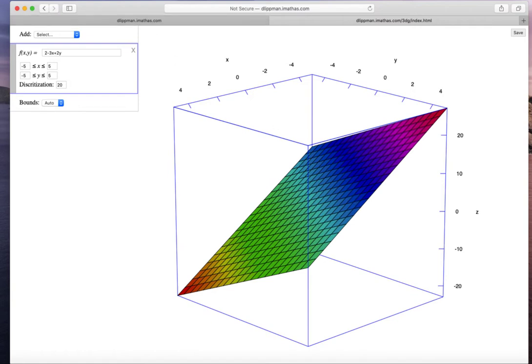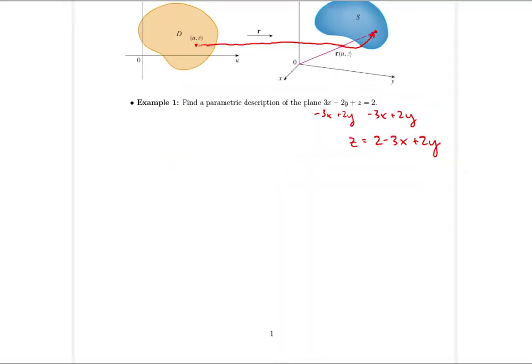Okay, so how do I do this as a parametrically defined surface? Well, the idea here is I just need to give it a formula for the x, the y, and the z component. But we already seem to have a pretty good formula for z here. So what we can do is we can say, let's let the x just be equal to u and the y be equal to v.